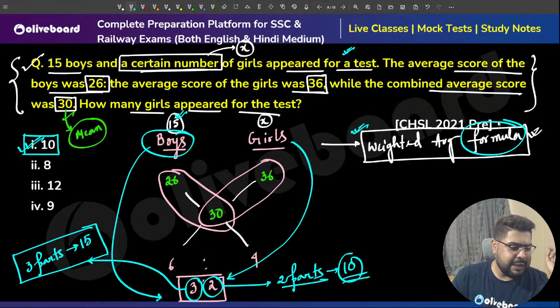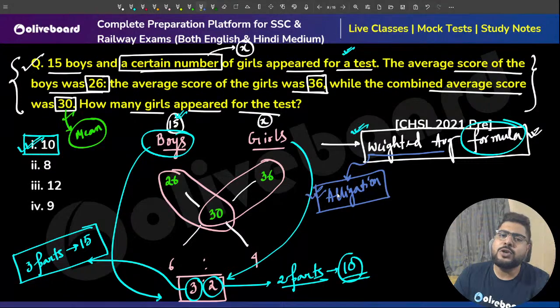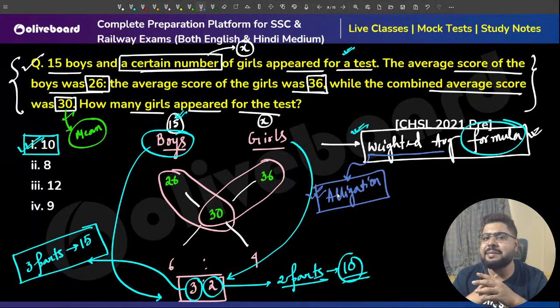In my paid classes, in the actual foundation course, I've given you a detailed explanation. I generally like to do all the weighted average questions using allegation only. Allegation enables us to avoid a few lines of calculation, because with the weighted average formula the calculation is on the longer side.